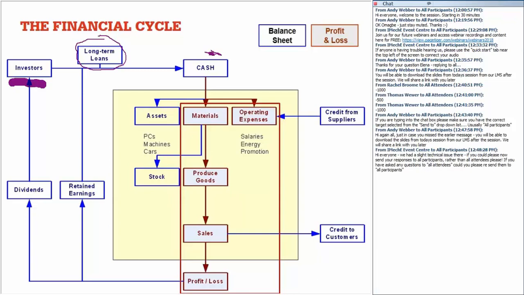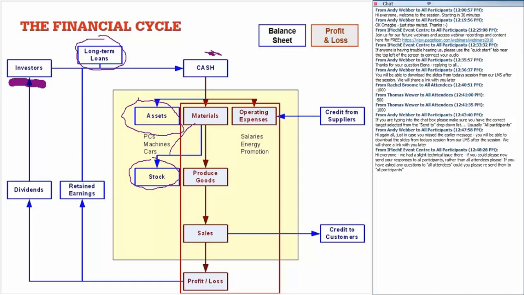With that cash, we can buy some assets. So we've converted one asset, cash, into another asset: PCs or machines or cars. We also buy some stock. So all this is assets. Cash has gone down but has been replaced by other assets. Now we start to use some of this stock to create goods. We convert stock into materials, and that's when it hits the profit and loss.